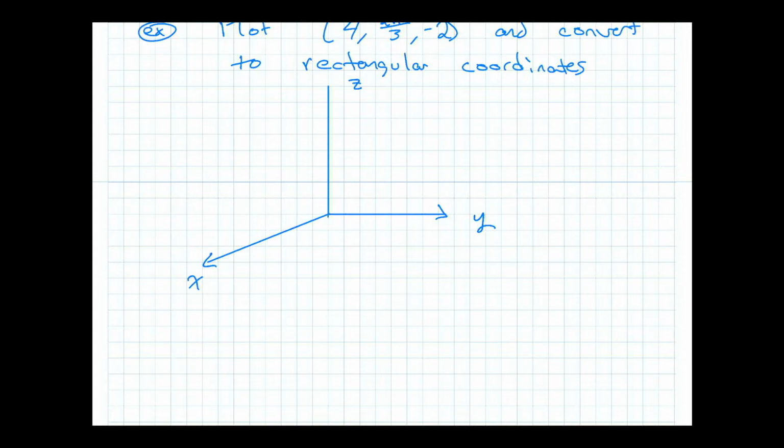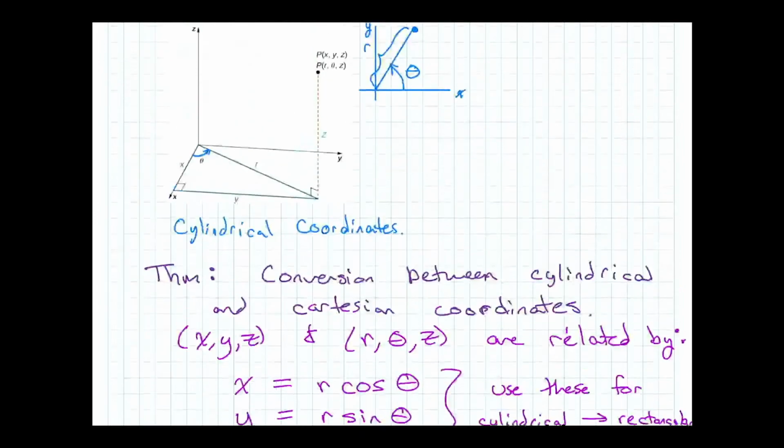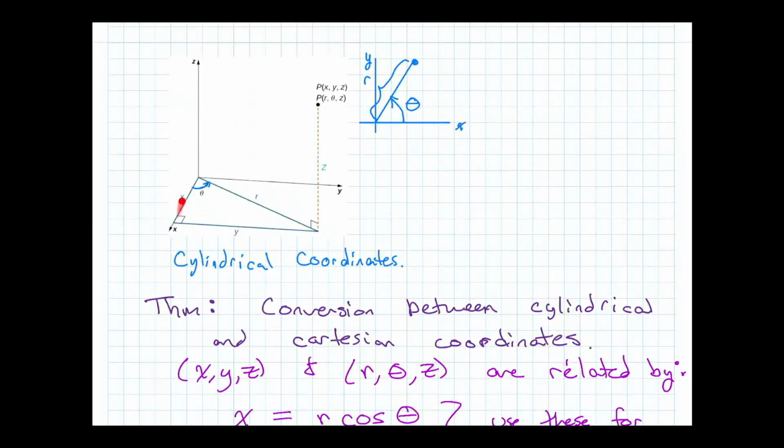Okay, so how do you do this? We have to think about how to do this. The theta is measuring from the positive x-axis around this direction for theta. So counterclockwise is theta, which is also true in 2D space, okay? So you're measuring from the positive x-axis around.